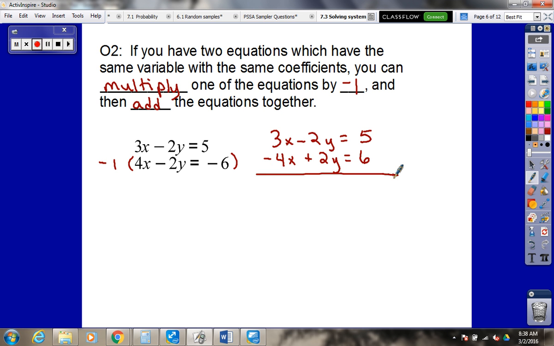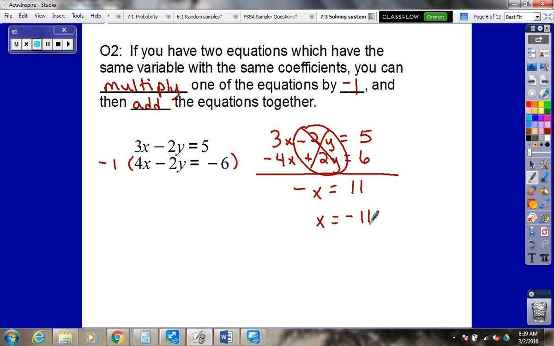Now I can add them together, and these y's have opposite coefficients now, so they're going to eliminate. 3x minus 4x is negative x. So negative x equals 11. So what does positive x equal? Negative 11. And I could multiply both sides by negative 1 or divide by negative 1 to prove that that's true. X equals negative 11.